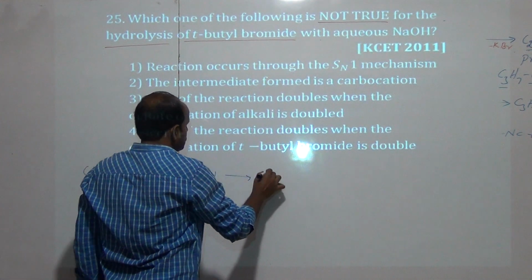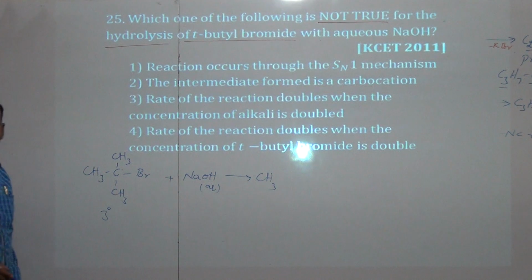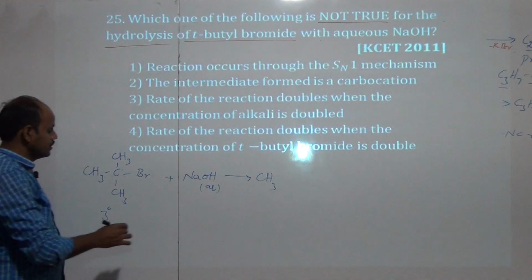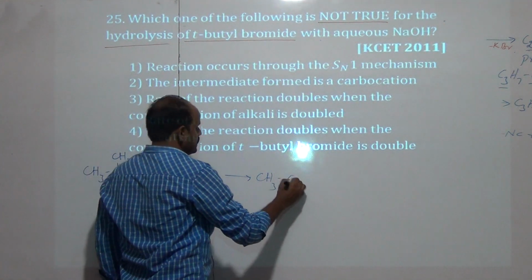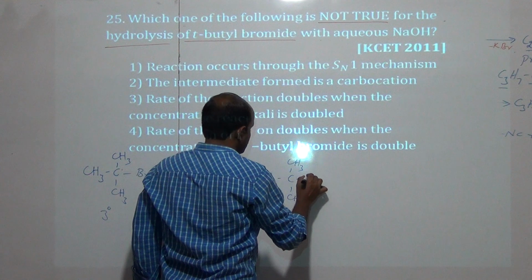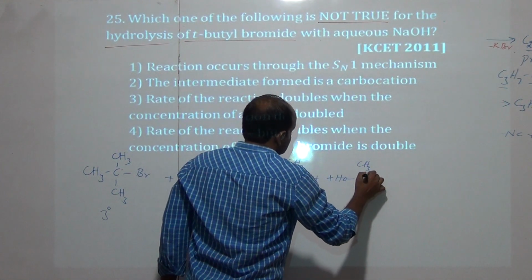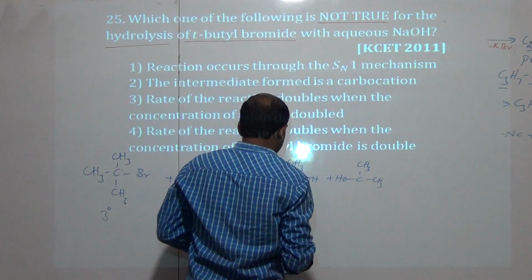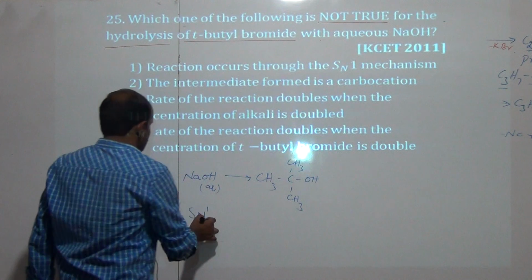What happened? First, this is a tertiary alkyl halide, hence it proceeds through SN1. Thus here we get a racemic mixture of alcohols. Anyhow, we got an alcohol, and it proceeds through SN1.